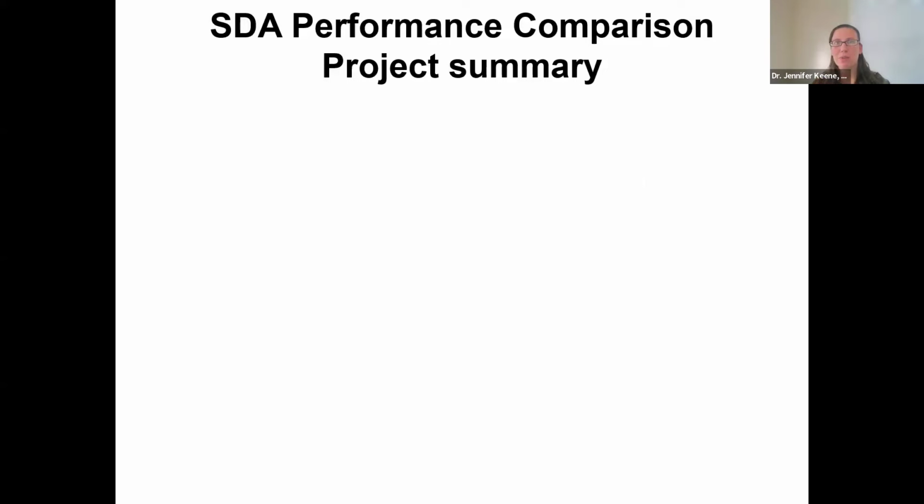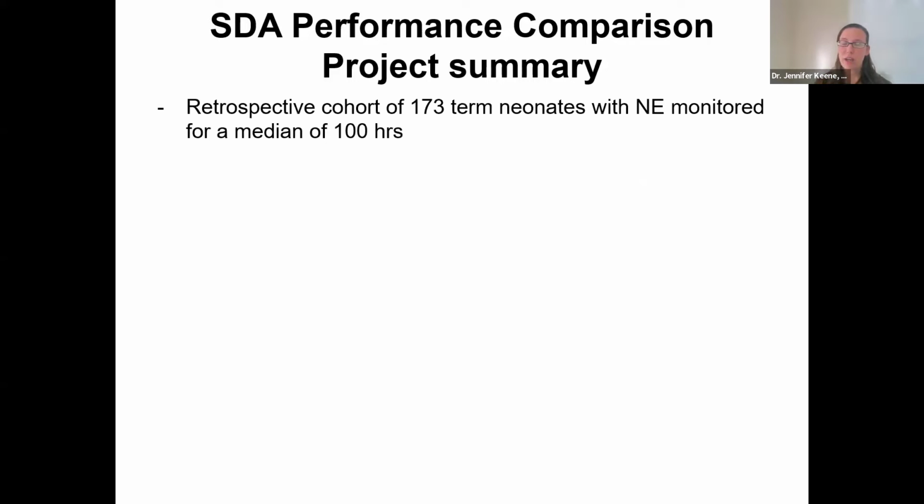So my team's question, and this is where we're getting to that unpublished data that I'm sharing with y'all, is with our new generation seizure detectors using raw EEG, how are they doing? So we have a retrospective cohort of 173 term neonates who have neonatal encephalopathy. They were monitored for a median of 100 hours each.